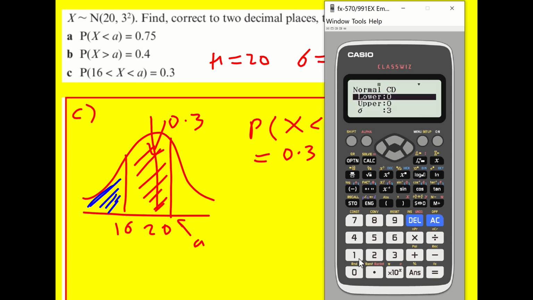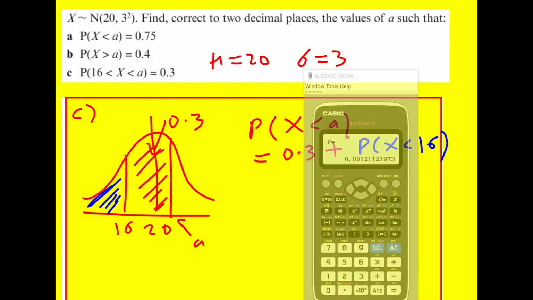So lower limit's going to be large and negative. Upper limit's going to be 16. 0.0912.